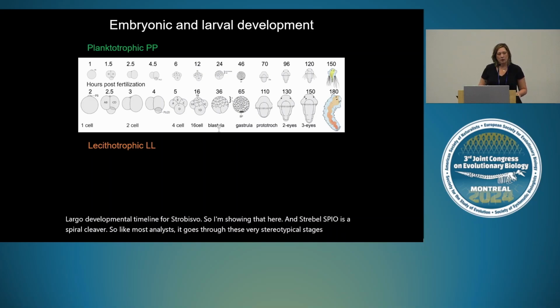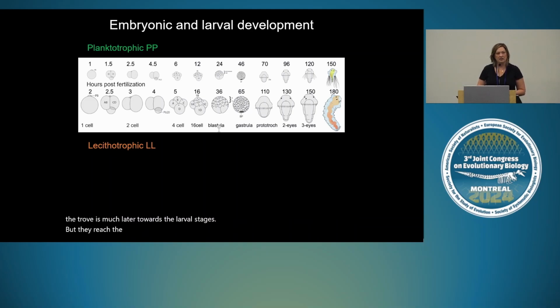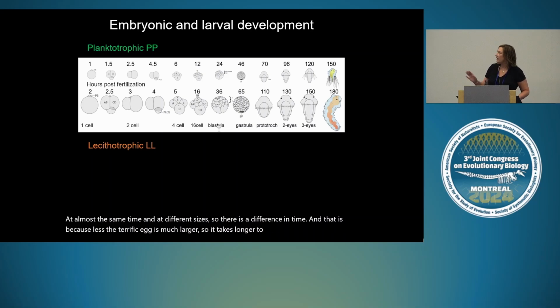The only point where you can start to really see divergence between the planktotroph and lecithotroph is much later towards the larval stages. But they reach the same embryological stages at almost the same time, and at different sizes. There is a difference in time, and that is because the lecithotrophic egg is much larger, so it takes longer to divide. At the end of this, the lecithotroph actually lags behind the planktotroph by a few days to reach the equivalent stage.